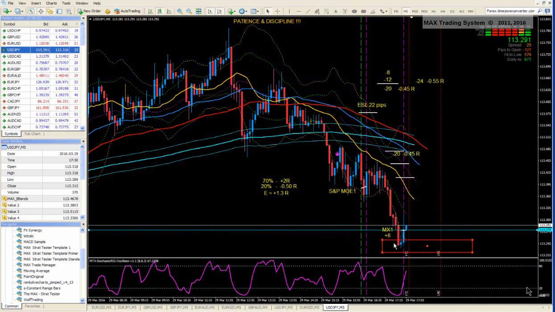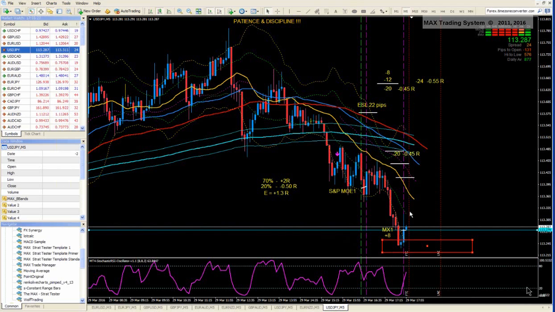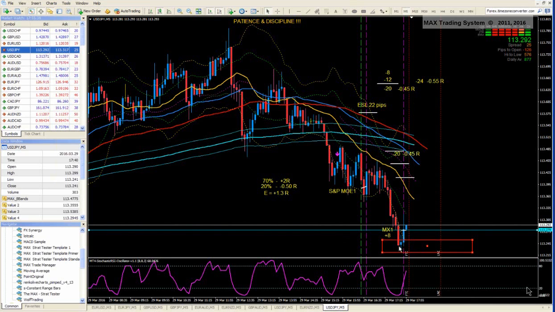Now, should that bottom be formed after the Frankfurt Open, so in this area here, I would have made an XXX, because very often when we see such a situation, we see the price making another attempt to resume the down movement, not always, but very often. And so I count on that possibility to make my XXX.